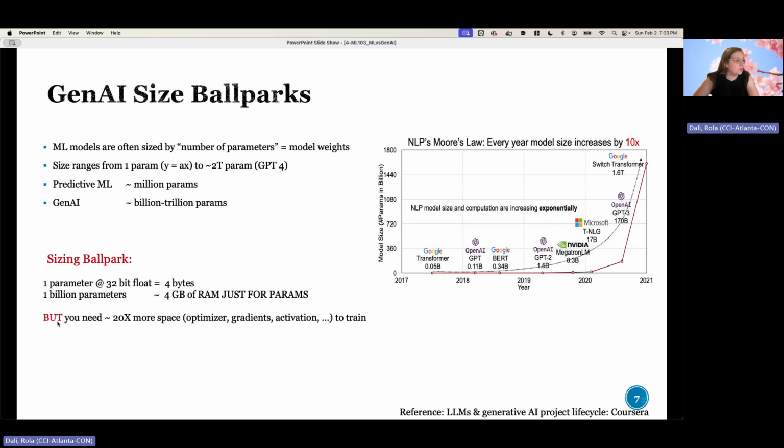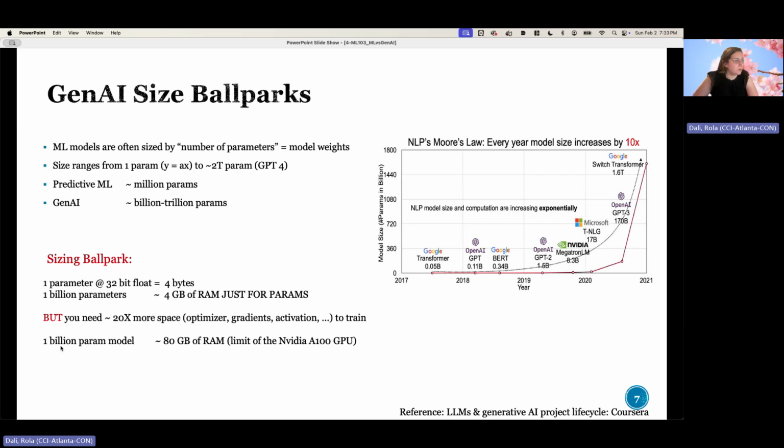But when you actually train the model, you need roughly about 20 times more space because of that whole cycle we talked about. So you've got your parameters, you're making predictions, you're calculating errors, you're updating parameters, and you're saving some metadata, and you've got activations, you've got gradients, you've got the optimizer, and so there's a lot of metadata that is saved across that process, and it takes about 20 times more space than the parameter size to train.